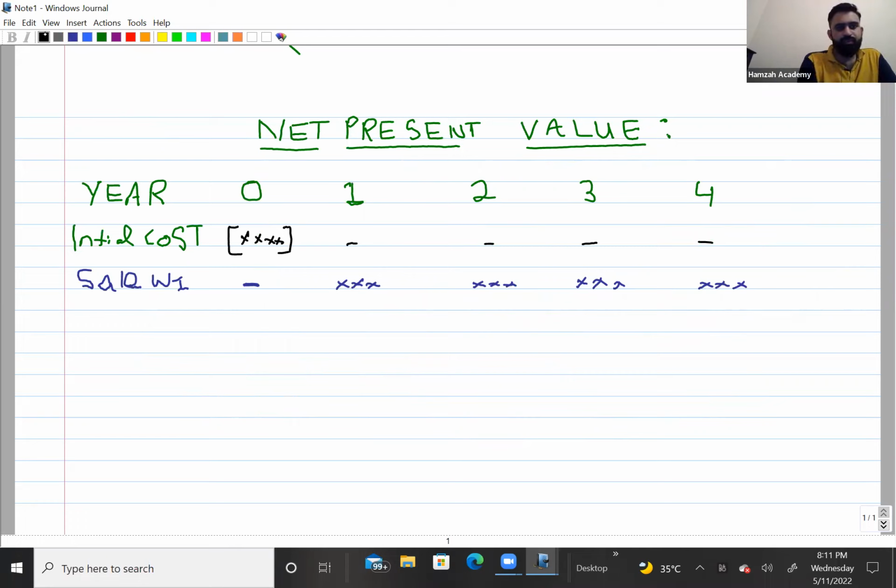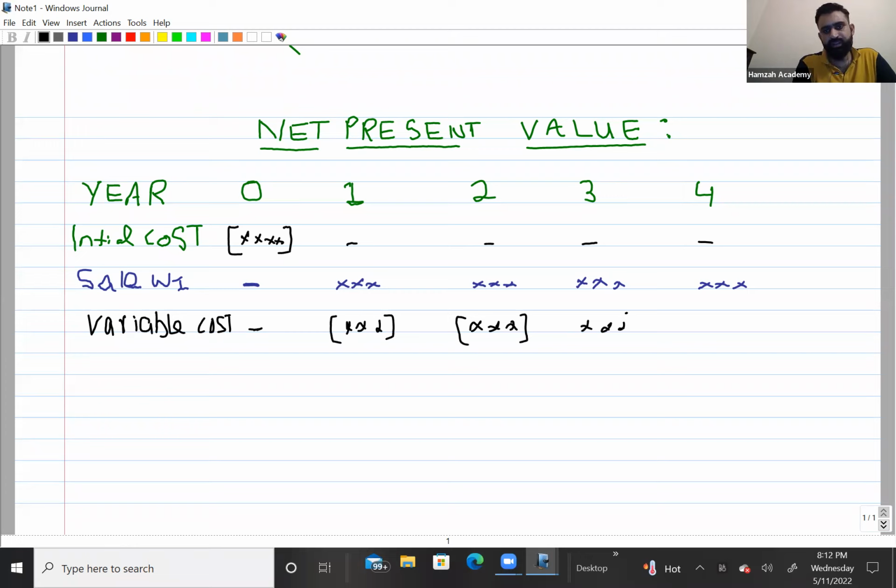Then after the sales revenue, we have variable cost. Variable cost is the cost which depends on the level of activity.